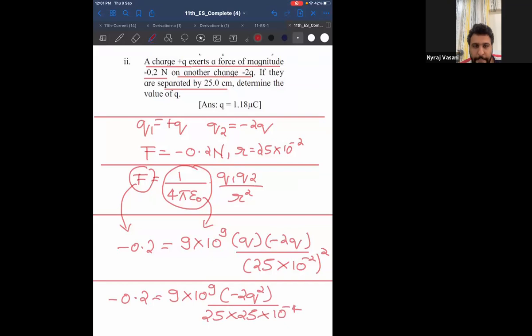Did you understand how? 25 into 10 power minus 2, the whole square, is 25 into 25 into 10 power minus 2 into 10 power minus 2, which is 10 power minus 4. So this minus and this minus cancel. From this step, can you give me the value for Q? Start.